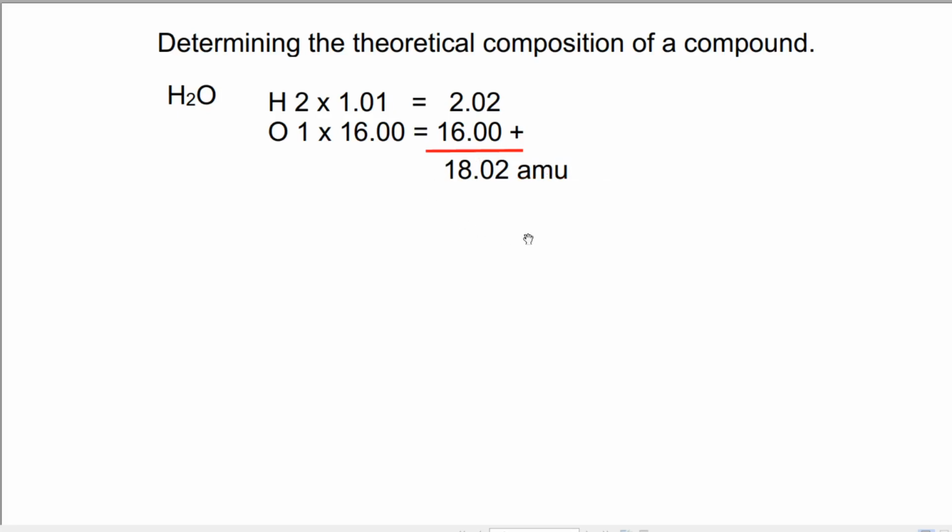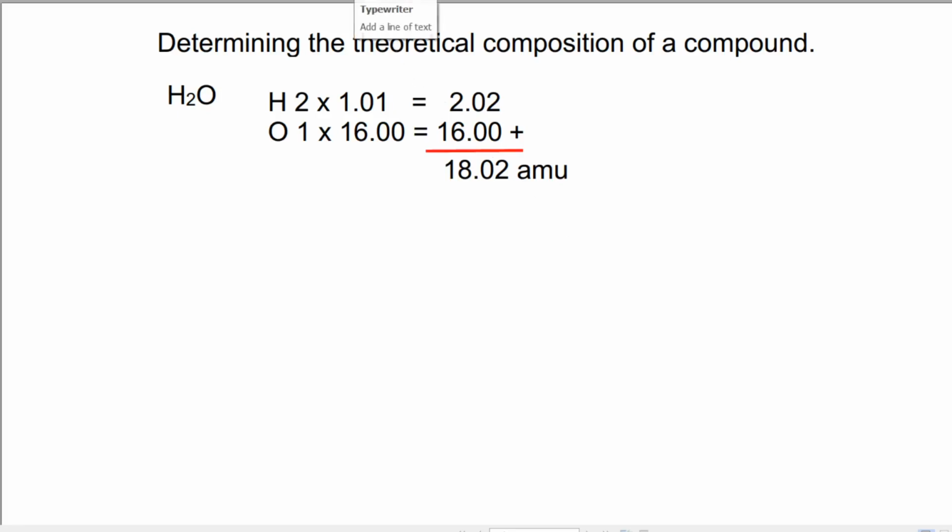And so if I have the total mass of 18.02, I could then take the mass of hydrogen present and the mass of oxygen present and divide each of those by the total mass, and by dividing by the total mass, I can get the percent composition.